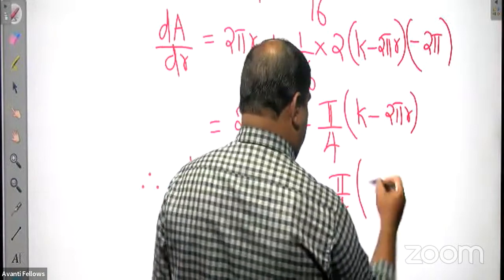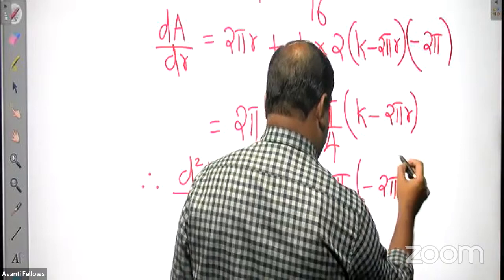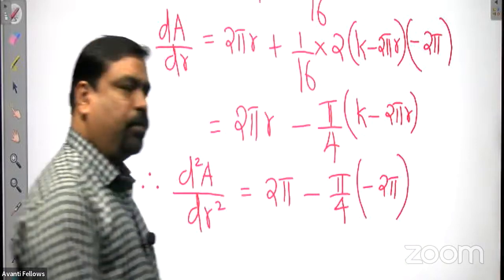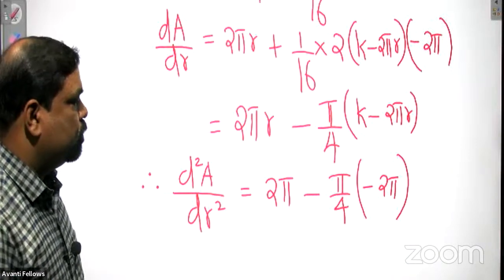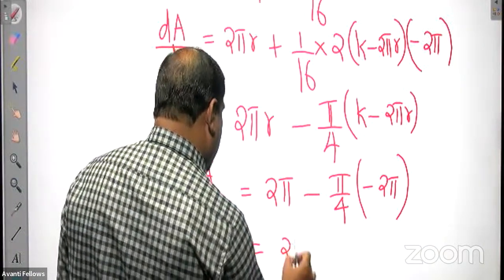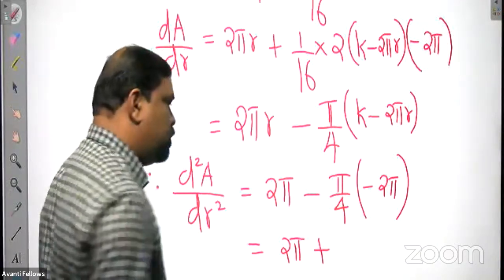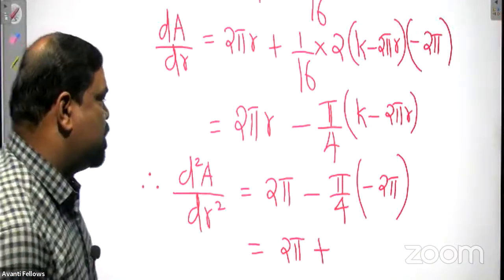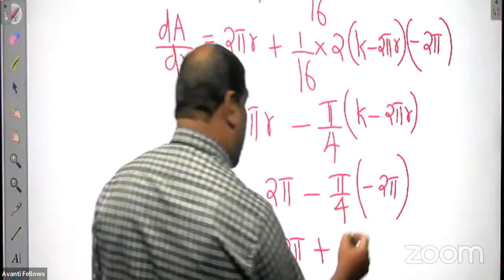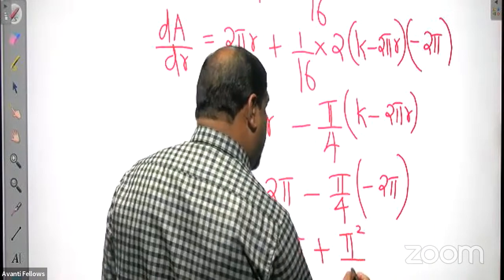Derivative of k is 0. Derivative of minus 2 pi r is minus 2 pi. So that is equal to 2 pi, minus into minus is plus, then pi square divided by 2.